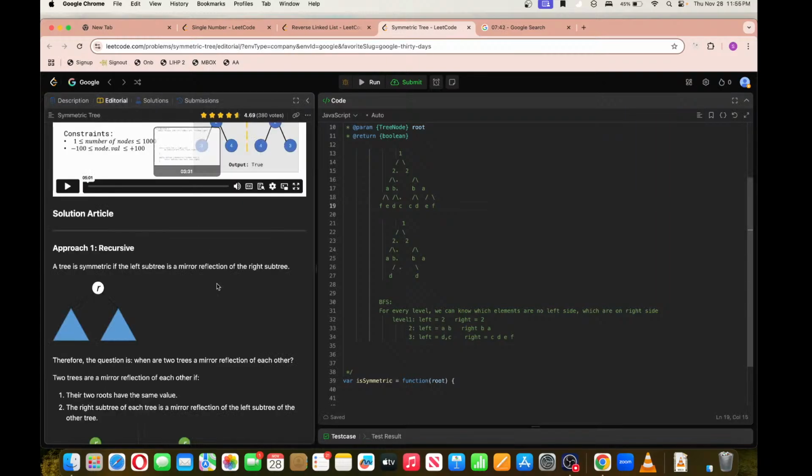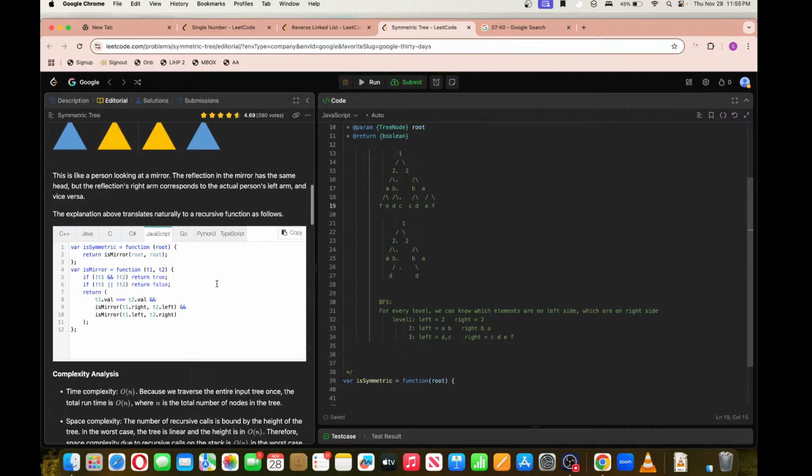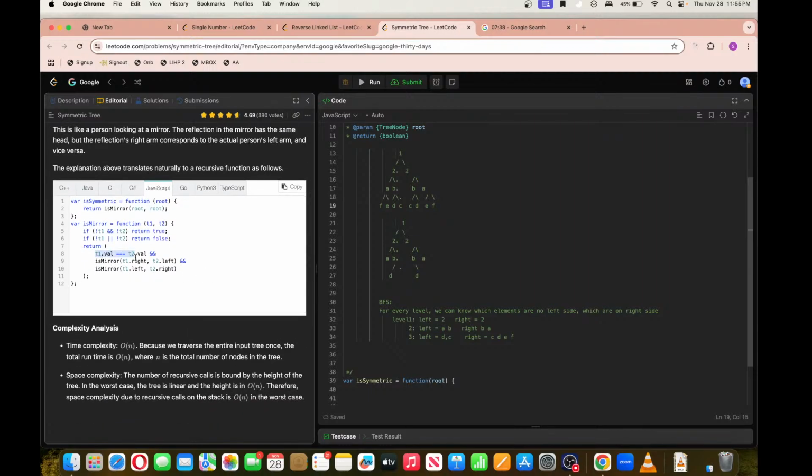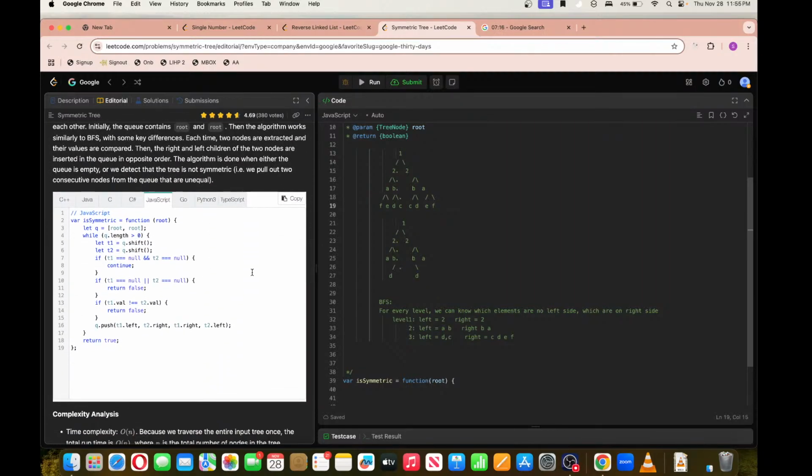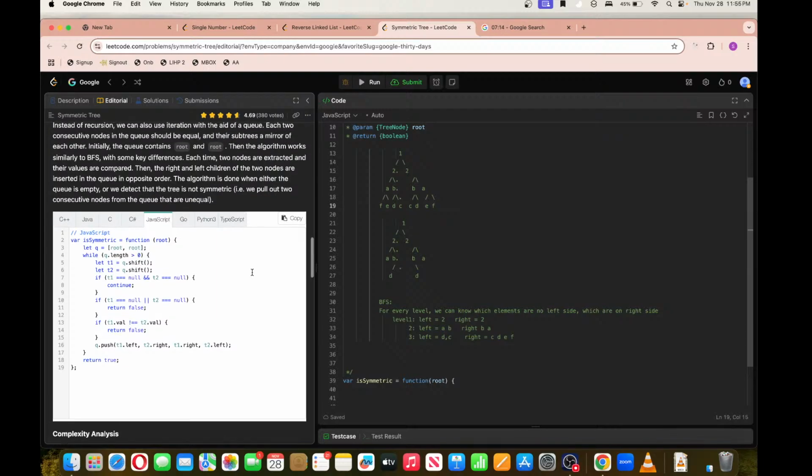Yeah, it is easier actually. This one is easier. So see, it's a mirror. So this right should be equal to 2's left, and left should be equal to 2's right. So that was DFS, and then BFS.